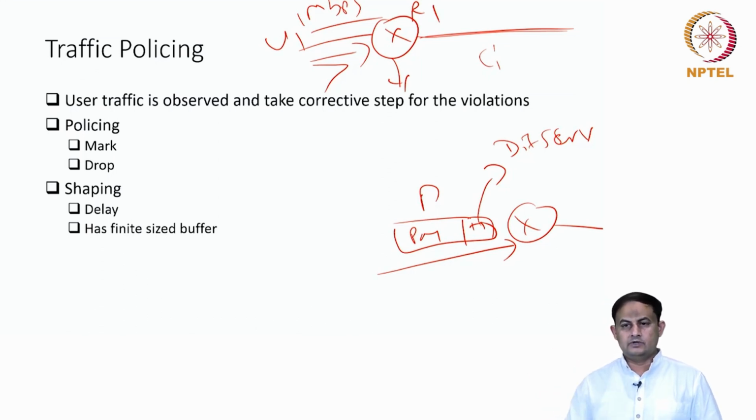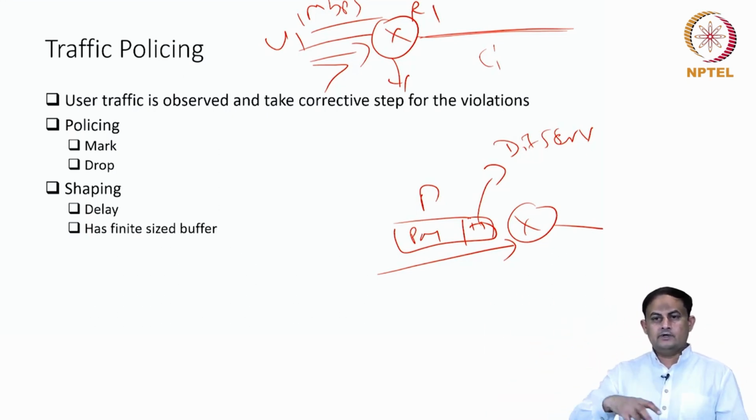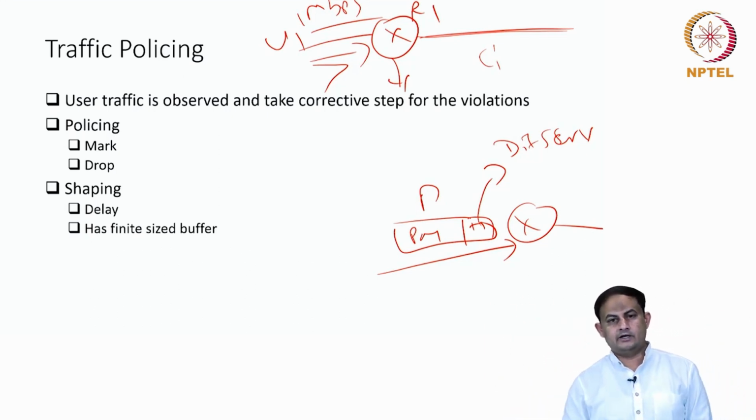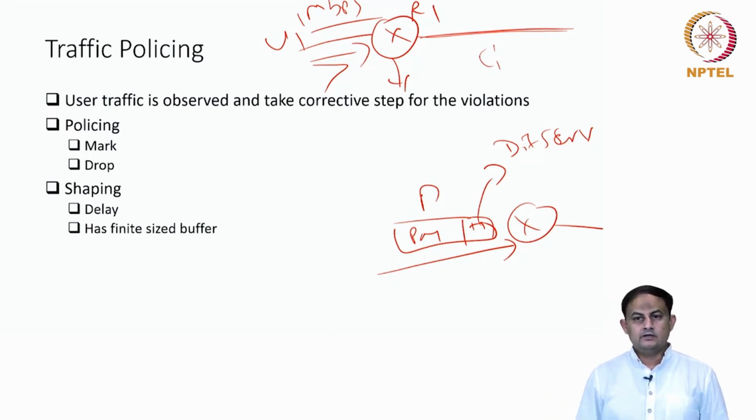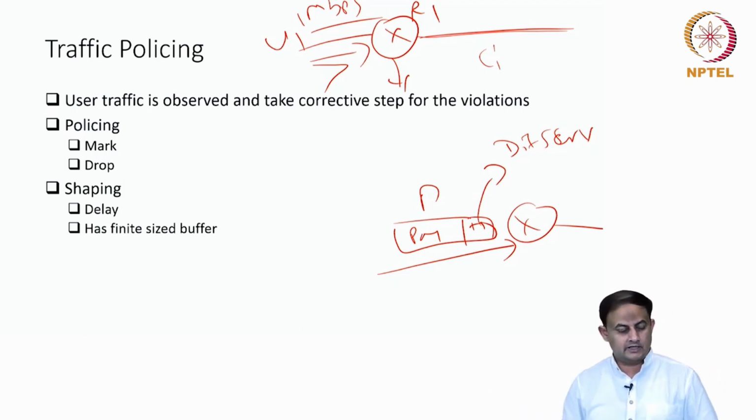Although on an individual router we may not do it, on an aggregated level, where one network is sending traffic to another network, there might be a contract on the peak rate at which the first network is supposed to transmit to the second network. Then you actually do the shaping. In order to enforce the constraint that I will not be transmitting more than what is agreed upon, you do the shaping.